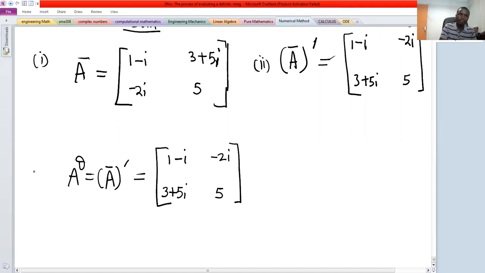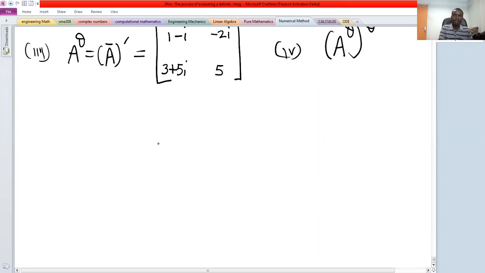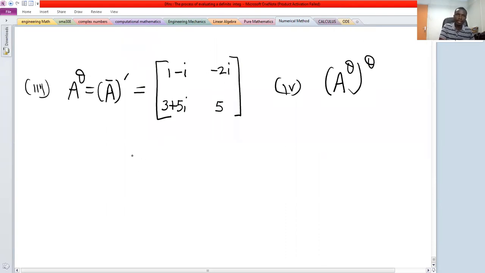And then part 4, they want us to evaluate A power theta raised power theta. So this is the same thing as saying we evaluate this. The answer for A power theta is 1 minus i, minus 2i, 3 plus 5i, and then 5.